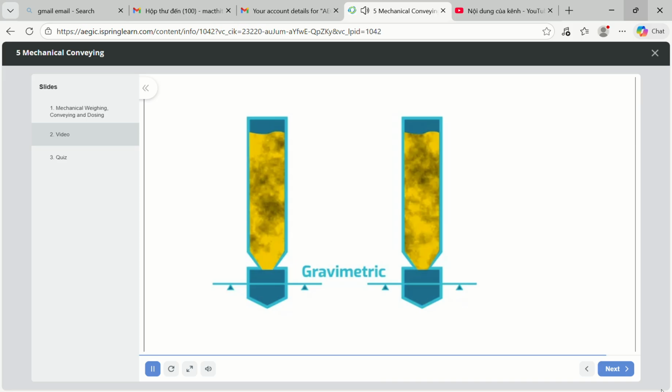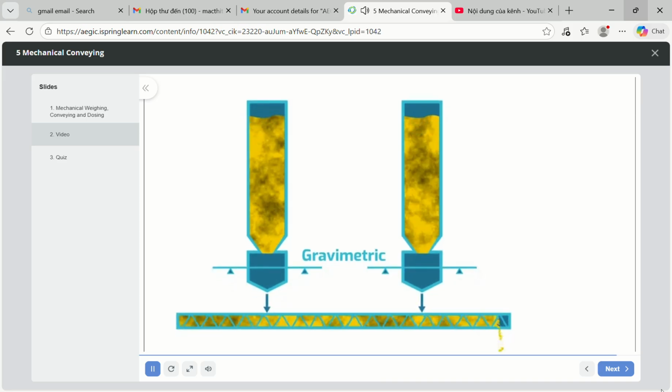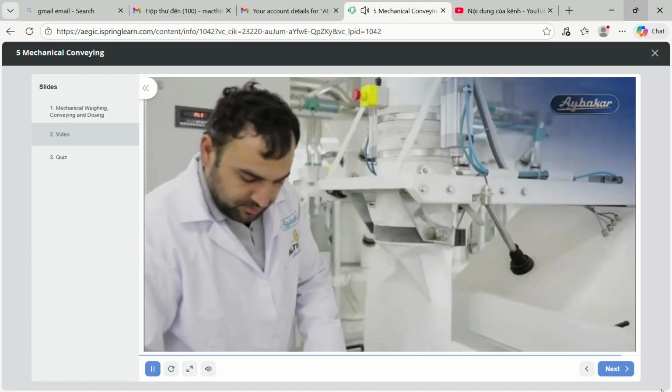Gravimetric dosers, in contrast, are less affected by changes in material density because they're dosed based on weight rather than volume. Examples of their use include mixing operations or dosing flour to fill flour bags.